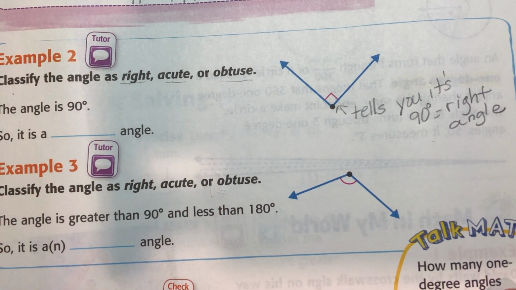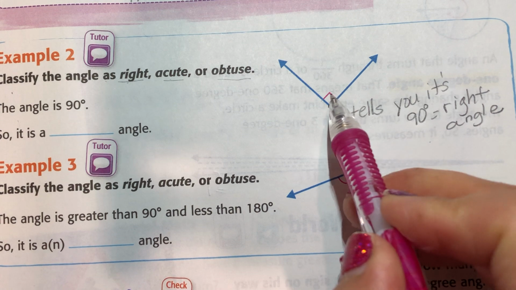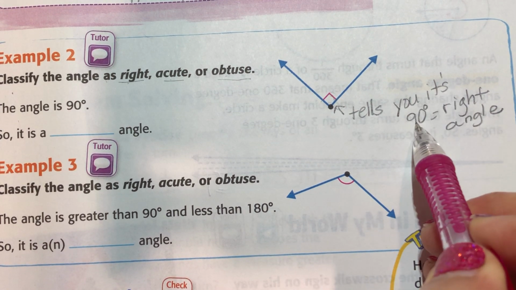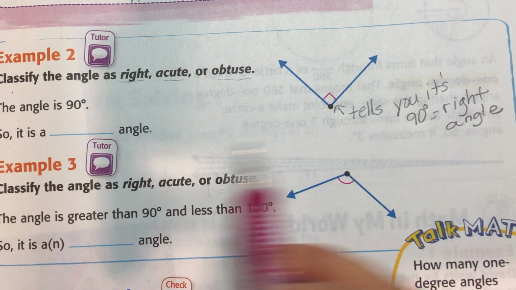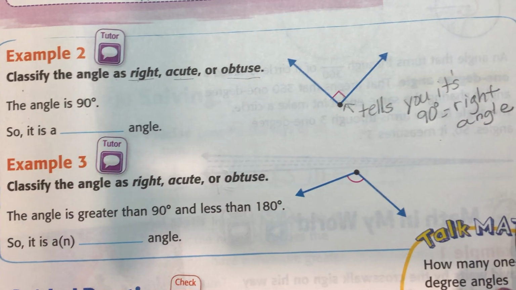So that little square there tells you the angle is 90 degrees, which is a right angle.